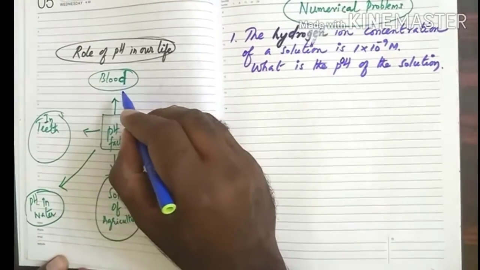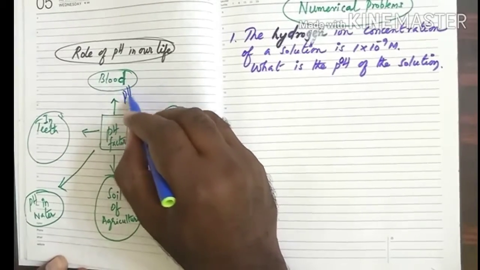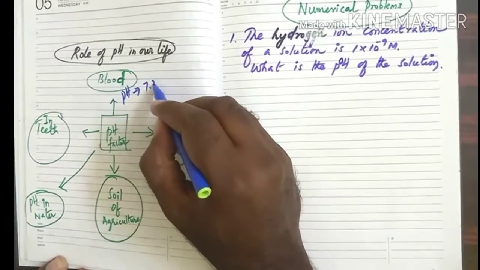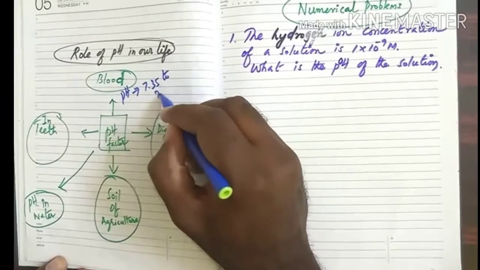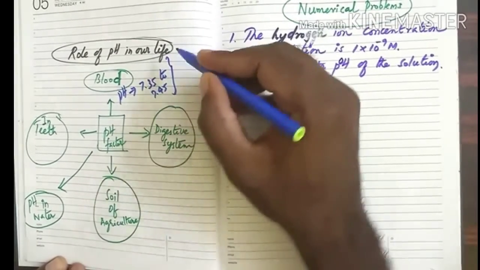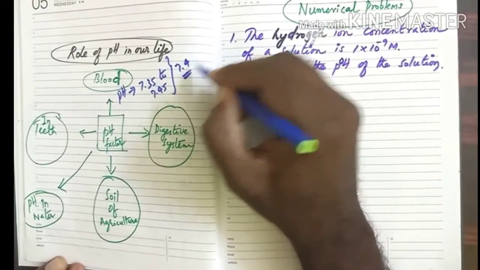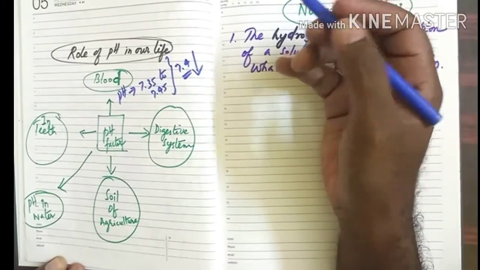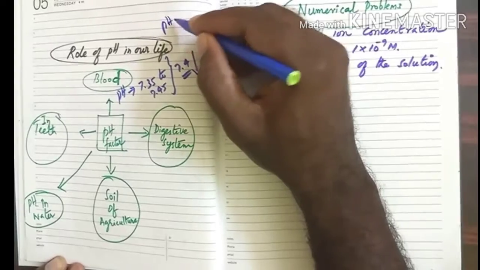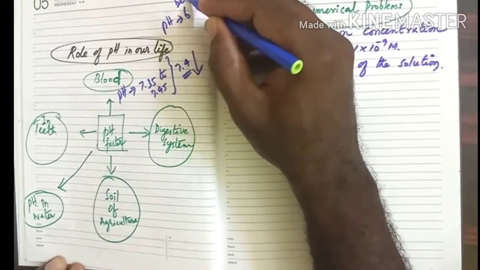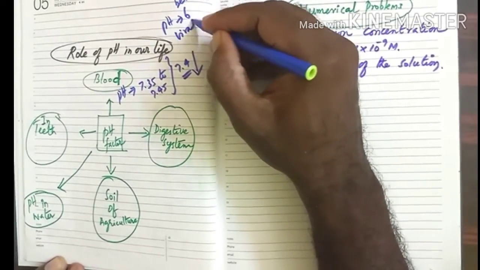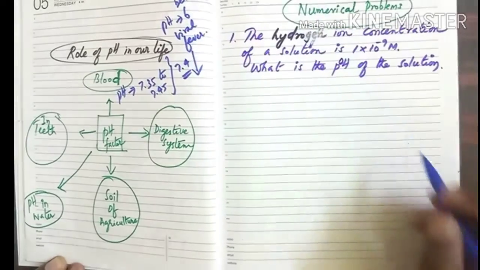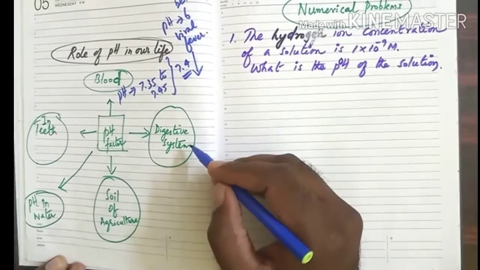See, the pH level of blood is in the range of 7.35 to 7.45. The ideal pH value is 7.4. If it decreases, you will get diseases. For example, if the pH comes below 6, we will be affected by viral fever. This is very important. What about the digestive system?